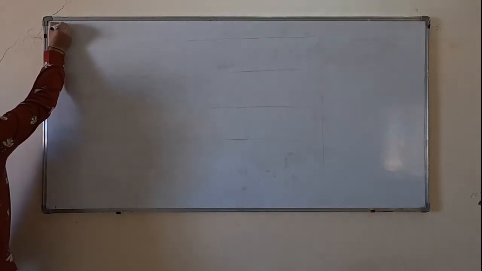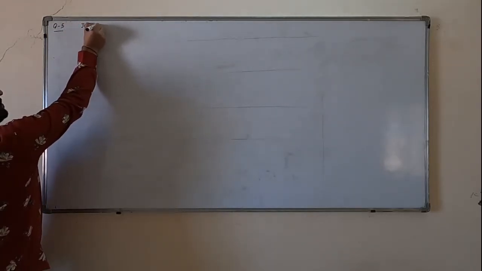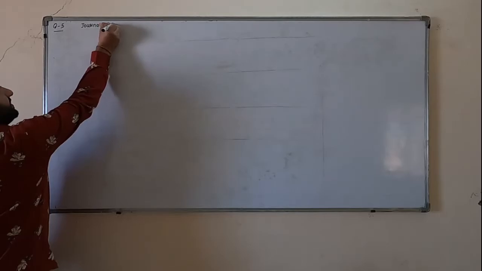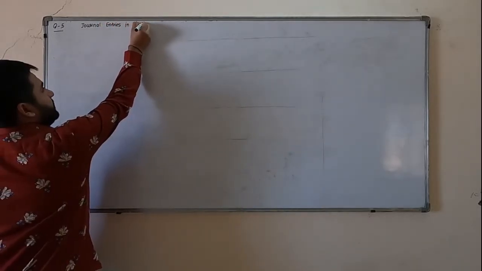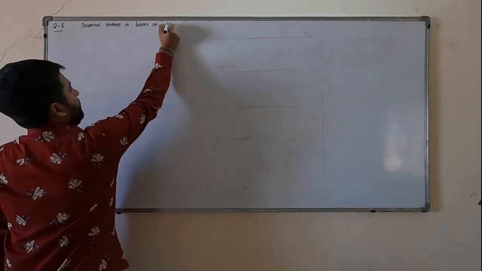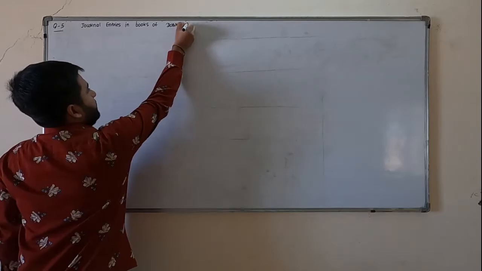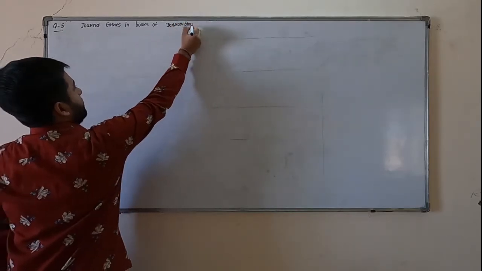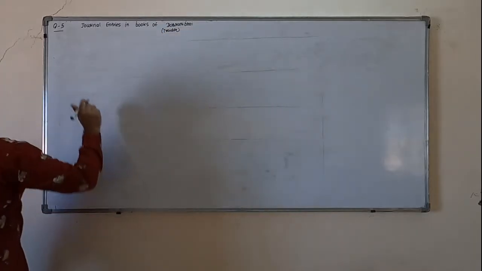So this is question number 5. Journal entries in books of Dashrath Bhai. Dashrath Bhai is our trader.